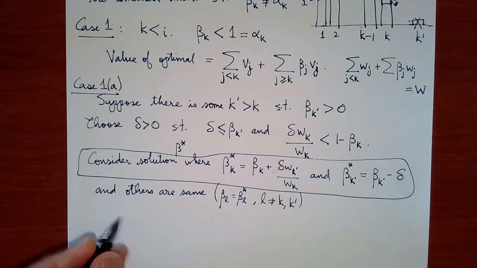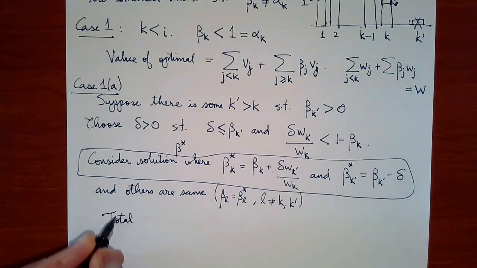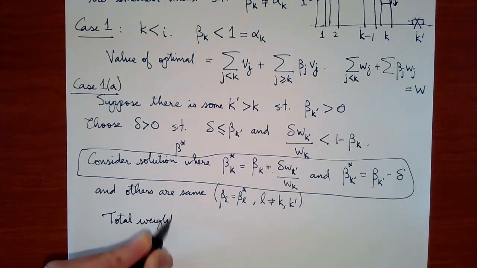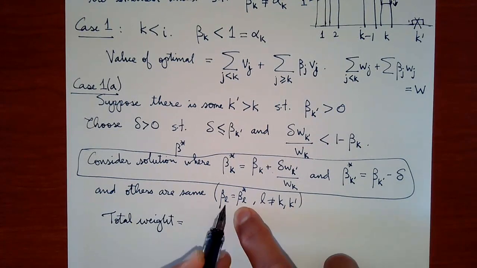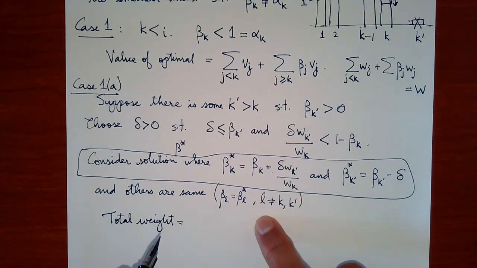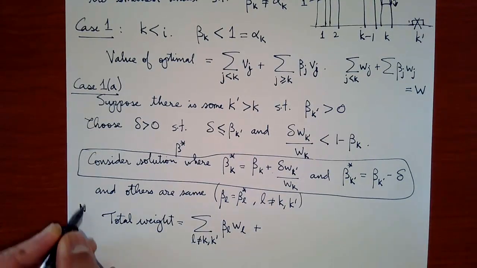All right, so now let's just look at what is the total weight. Remember that everything is the same for all l not equal to k, k prime. So I'll just say for all l not equal to k, k prime, it's the same as beta, plus, or I'll say the new total weight.